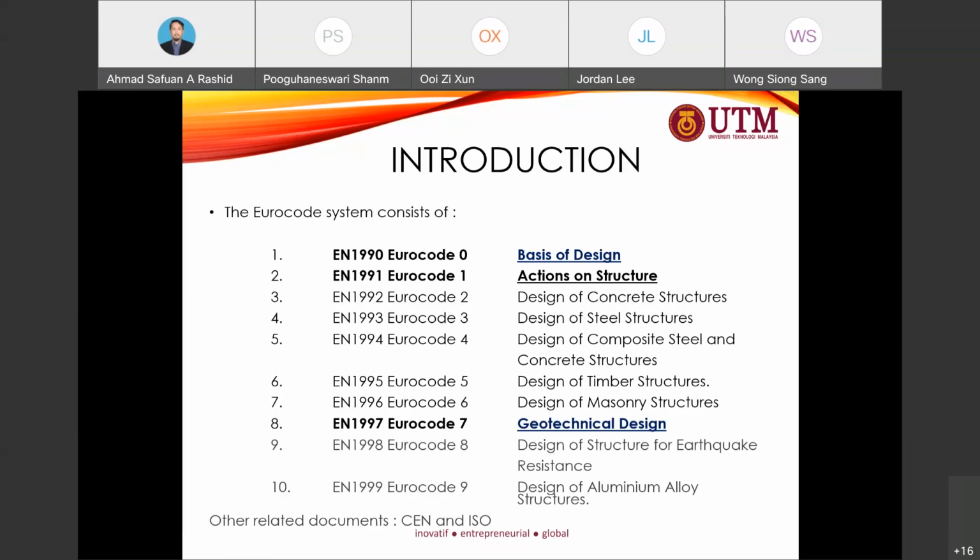This is a guideline to be used, while some elements are not mandatory. It is just a guideline to guide the engineer in design. As geotechnical designers, we may use it for deep or shallow foundation design. Then we also have EC8, design of structures for earthquake resistance, and the last one, EC9, design of aluminium alloy structures.